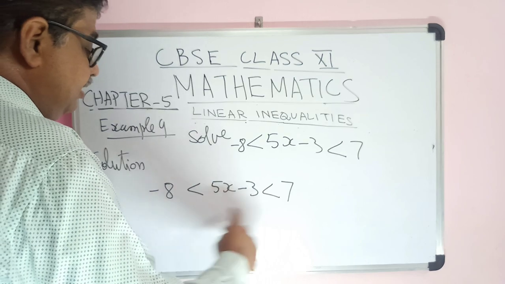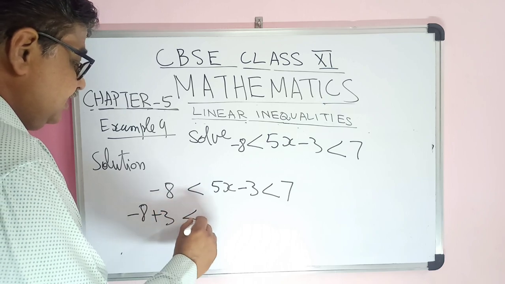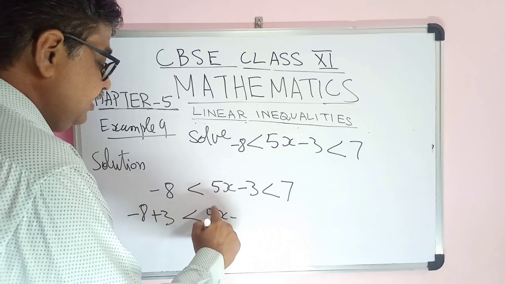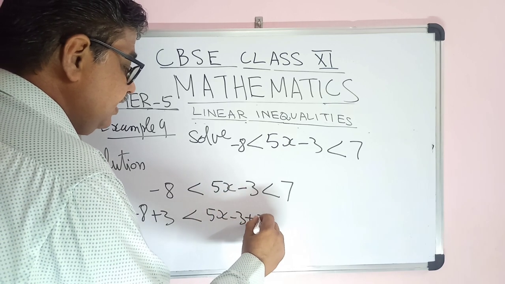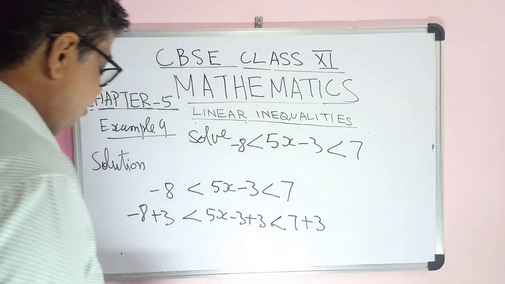So add plus 3: minus 8 plus 3 is less than or equal to 5x minus 3 plus 3, which is less than 7 plus 3.